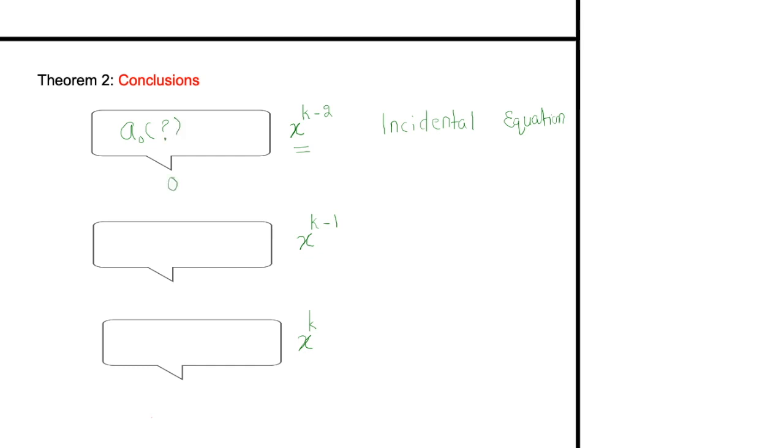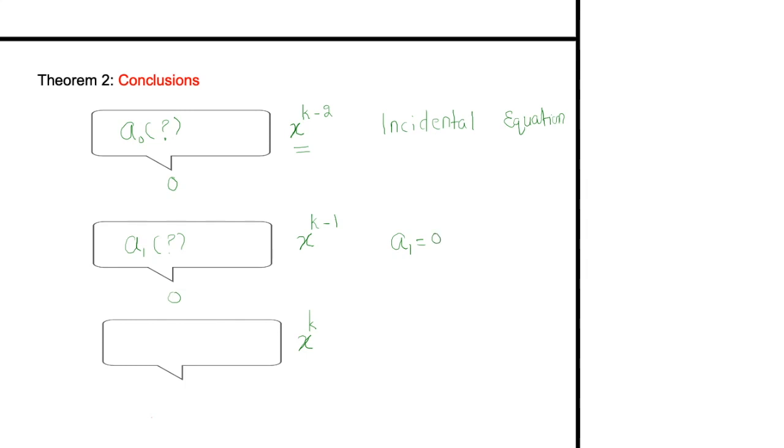Now, according to theorem number 2, the coefficient of x power k minus 1 must vanish independently, that is a1. And this will tell us the second coefficient is treated by setting a1 equal to 0.